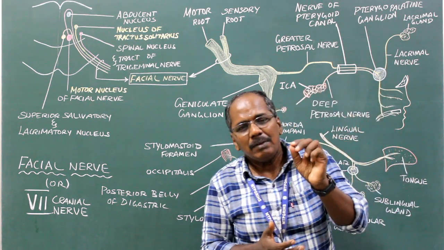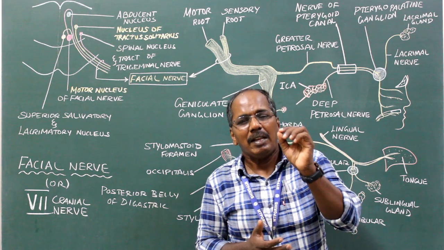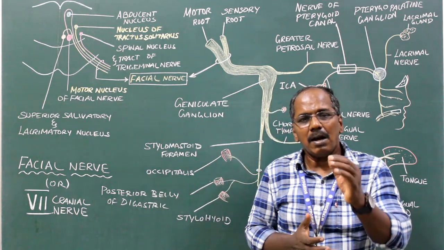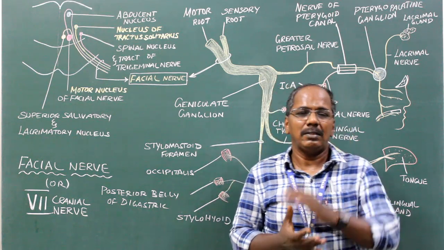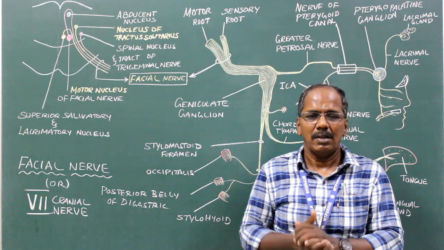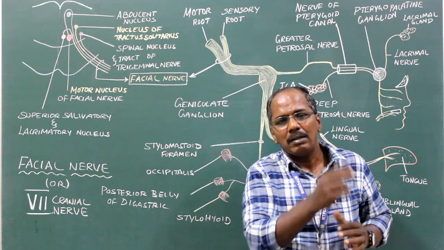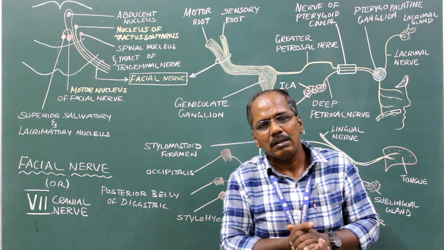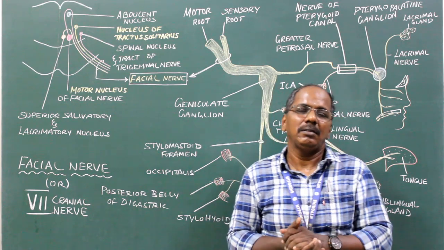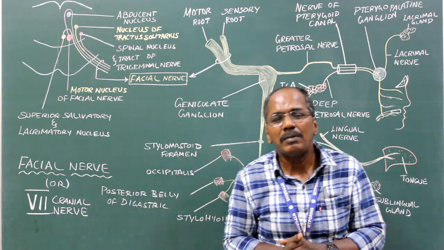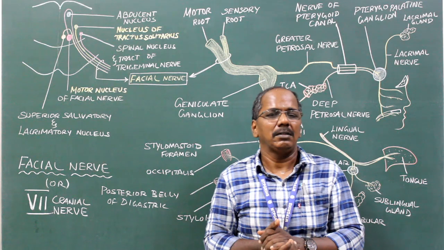The labyrinthine part of the facial canal lies just above the vestibule of the bony labyrinth and makes a sharp bend to reach the anterior-superior part of the medial wall of the middle ear.